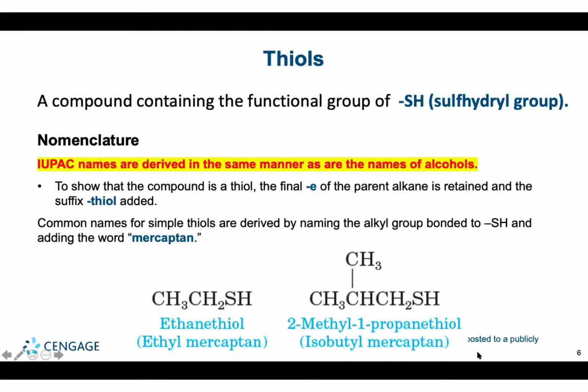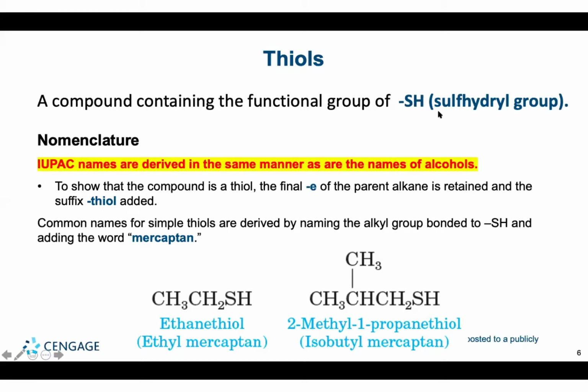Let's talk about thiols. Thiols have the functional group of SH. I have talked about the functional group before. A functional group is a group that makes a compound specific. For example, in alcohols, you saw that we have OH in them. So when we have OH in a compound, we have an alcohol.